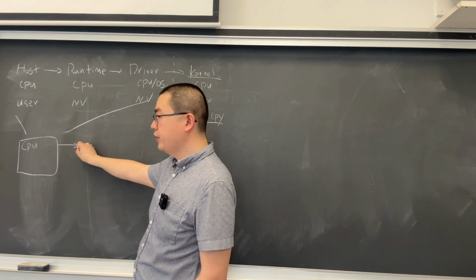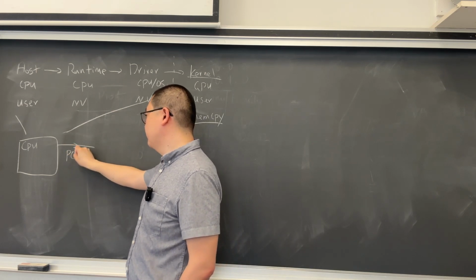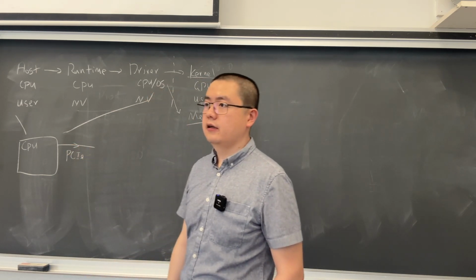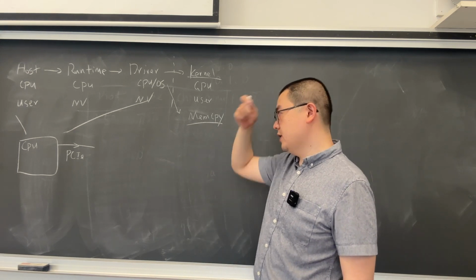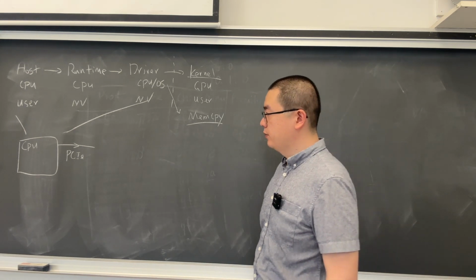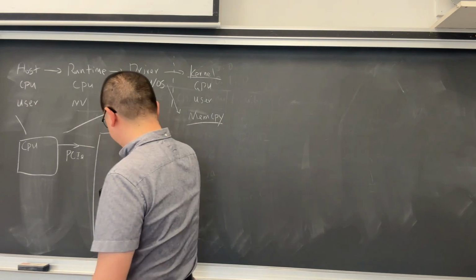This communication is mostly done over the PCIe network. So the CPU uses PCIe to send commands to the GPU. And this is the GPU.